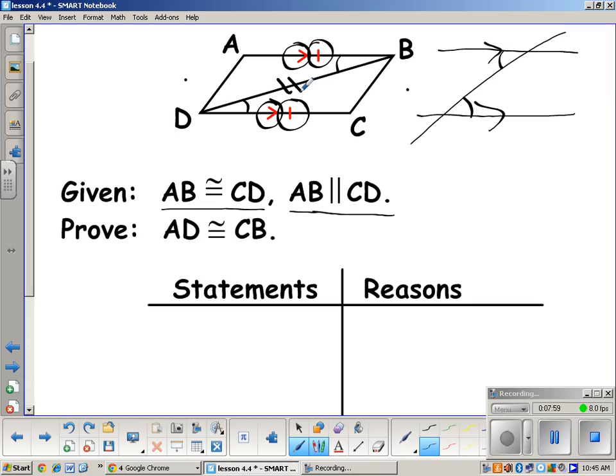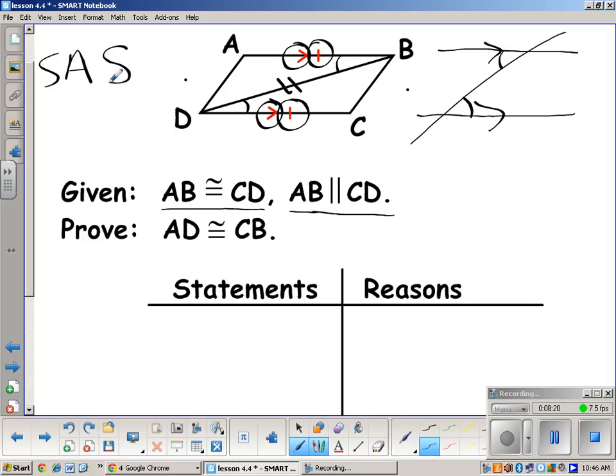Does that prove that those two triangles are congruent? Yeah. Angle side angle. Yeah, I could say now through side, angle, side. Side angle, right? Yeah, not side, angle, angle. I could say through side, angle, side.